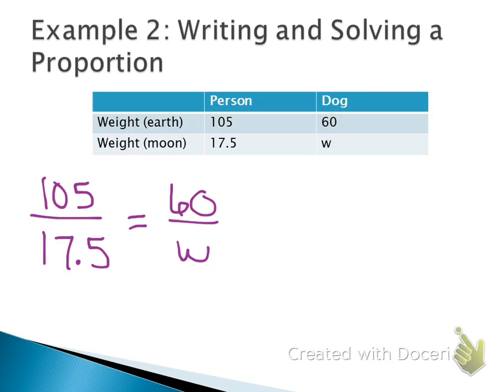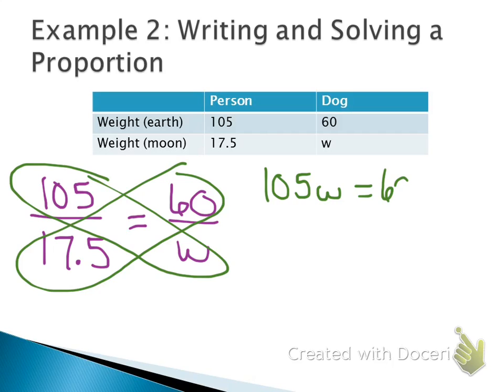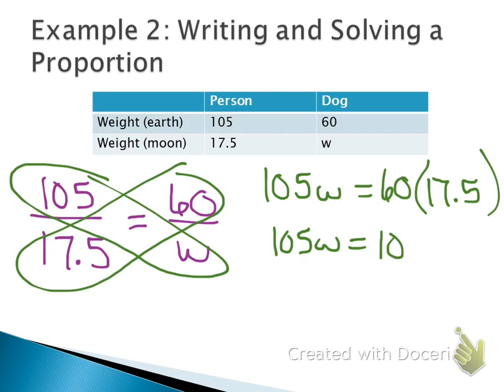All right, now let's use cross products to solve this proportion. 105 times W and 60 times 17.5. So I have 105W equals 60 times 17.5. 60 times 17.5 is 1050. 105W equals 1050.